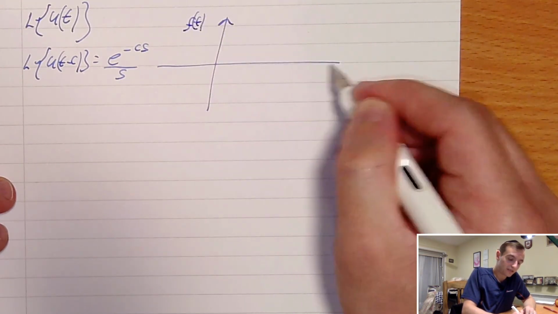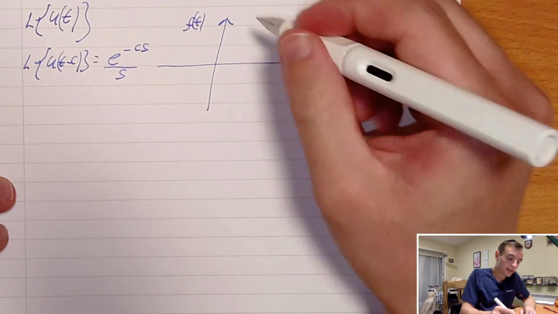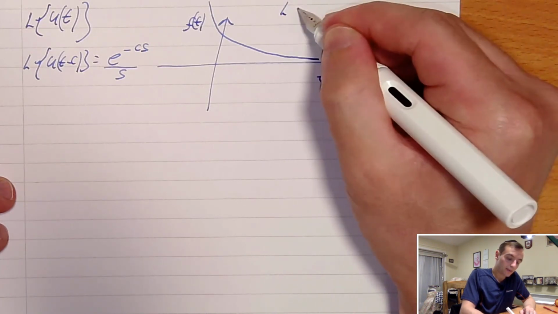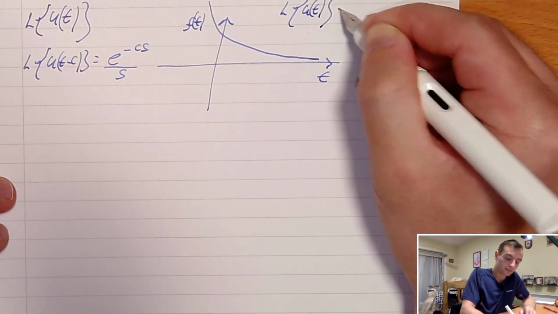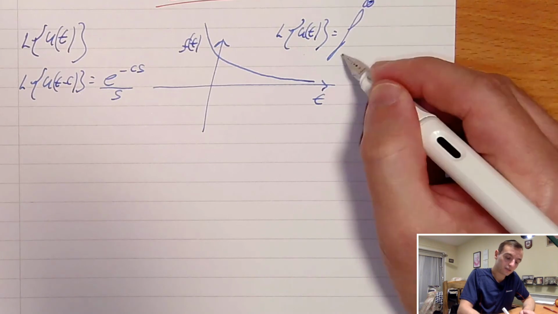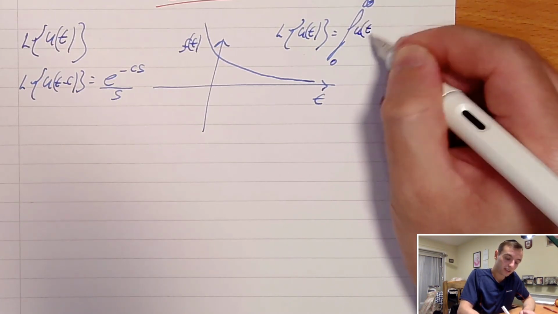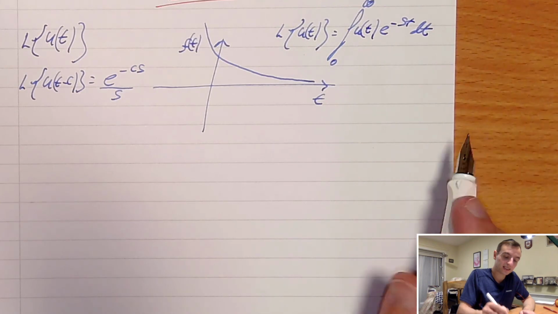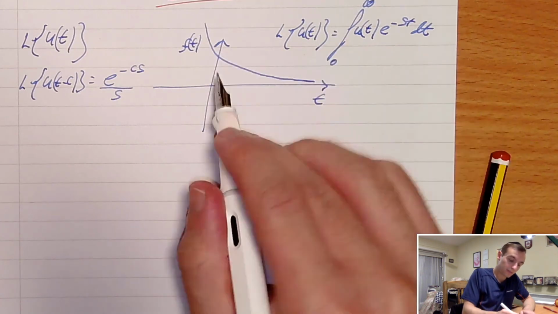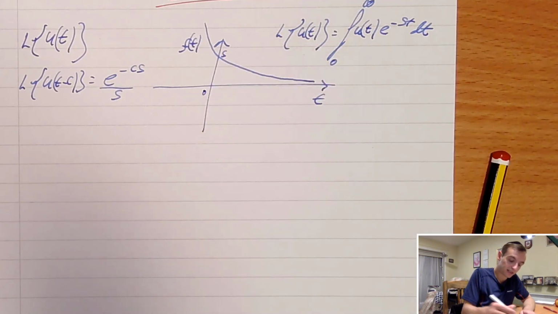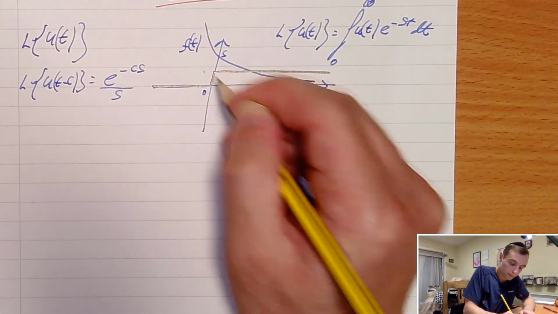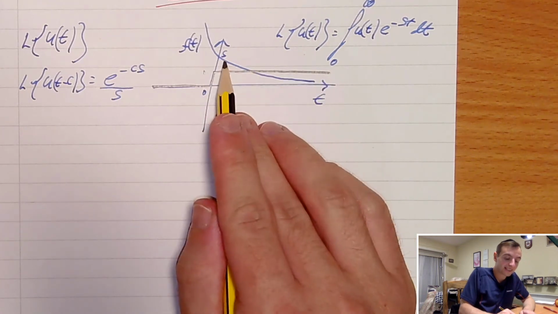So if we see f of t over here, we've got t, and we know e to the minus st is going to look something like that. Remember, we want to work out the Laplace transform of u(t). That's the semi-infinite integral between positive infinity and 0 of the function u(t) e to the minus st dt. We know what u(t) is by now. Remember, s doesn't have to be 1.